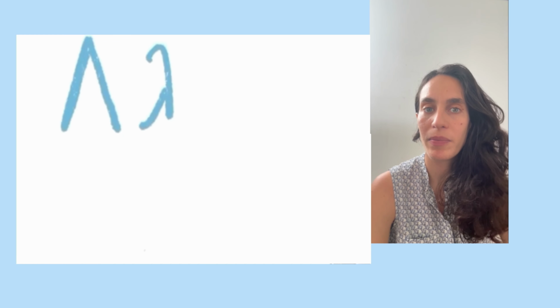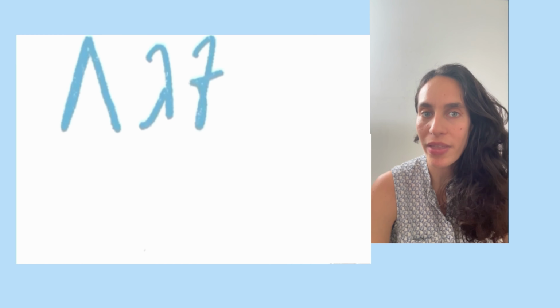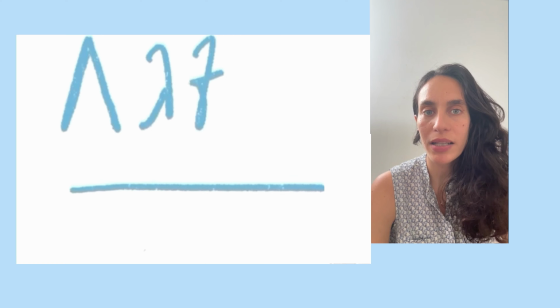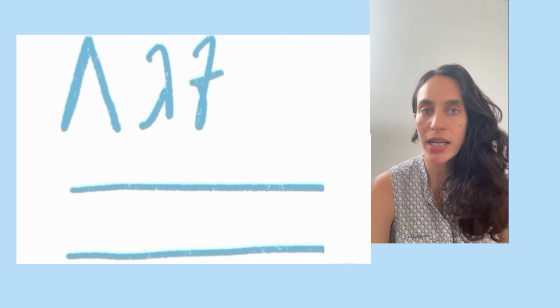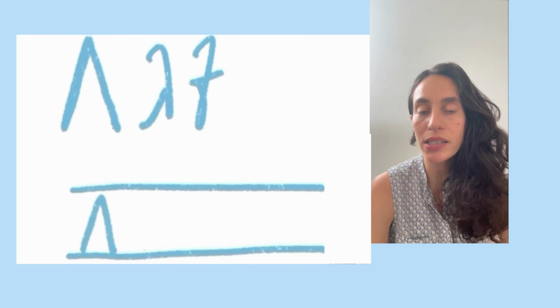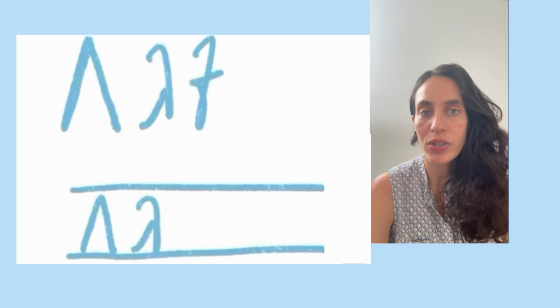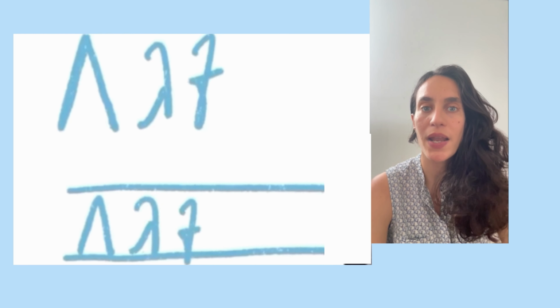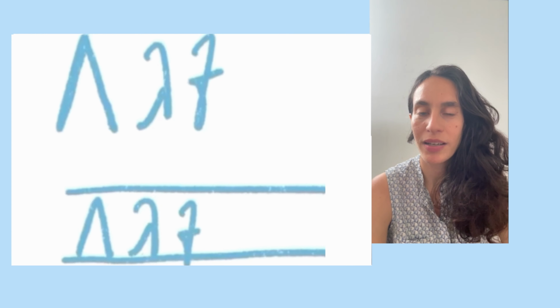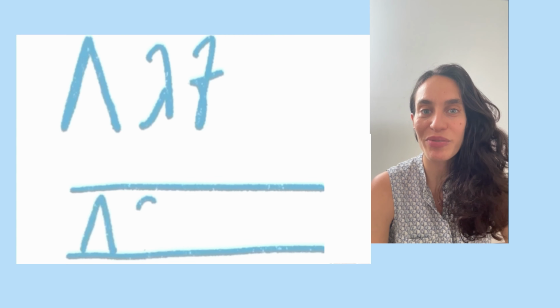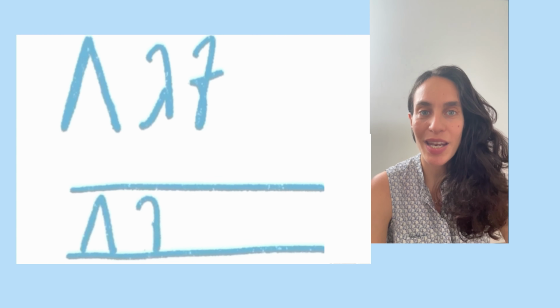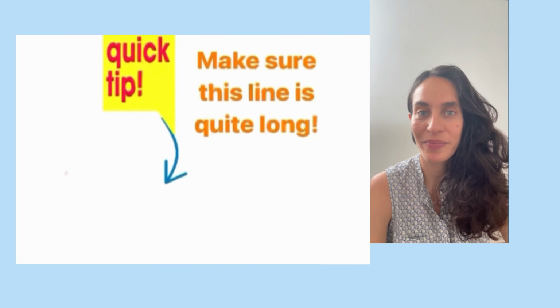Then we have the letter lambda, L. The capital letter is just these two lines, and for the lowercase, you start first doing the outer part and then the inside part. If you have a child that's learning Greek, this is very important because most people tend to do it backwards. So it's very important to start from the outer line and then do the inner line.